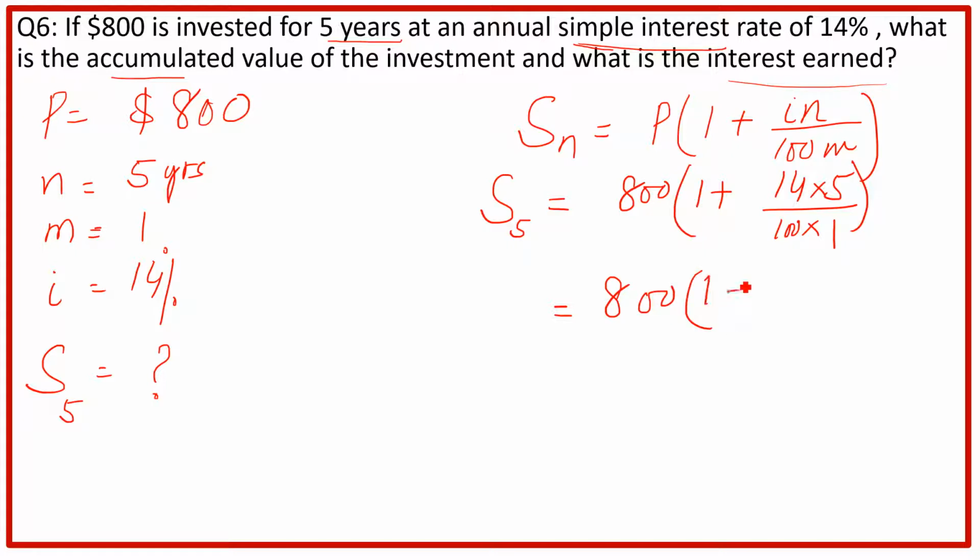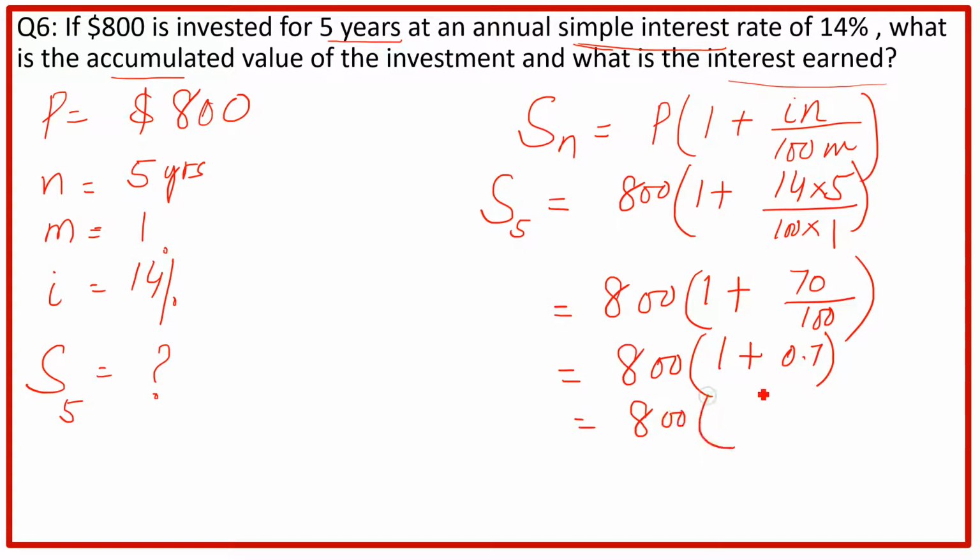We will simplify, it will be 70, 14 times 5 is 70. I will go step by step, right? If you do not want to take the LCM, the simplest way is just divide 70 by 100. We will get 0.7. Now whatever is inside the parenthesis you have to solve first.